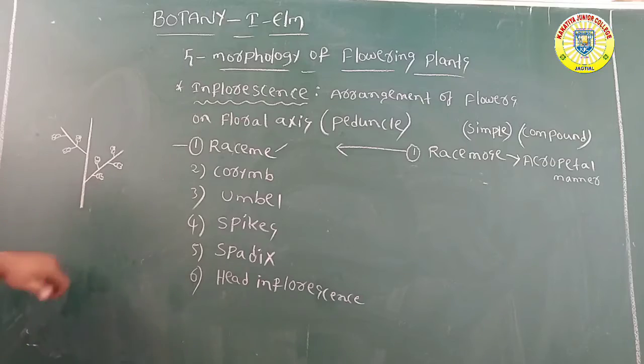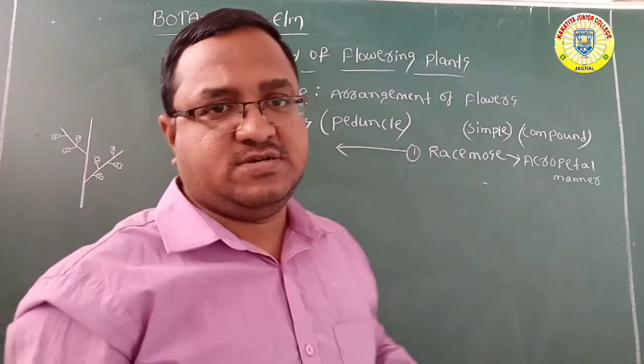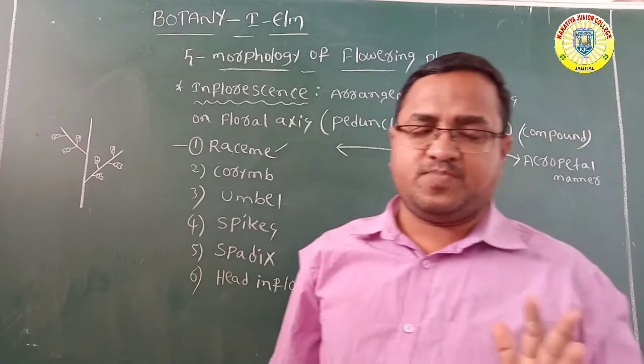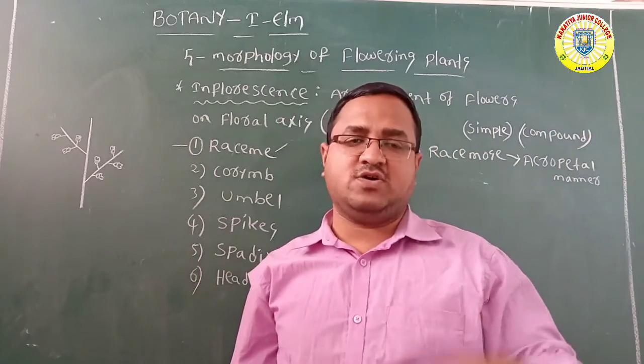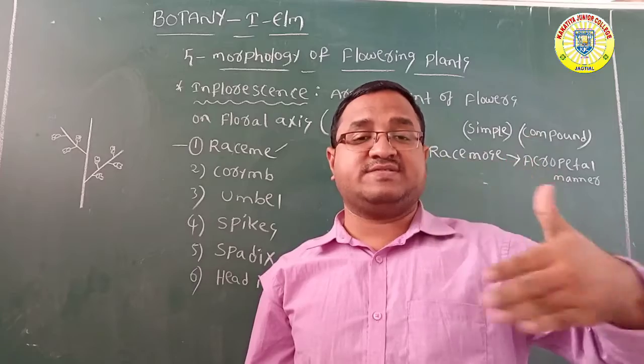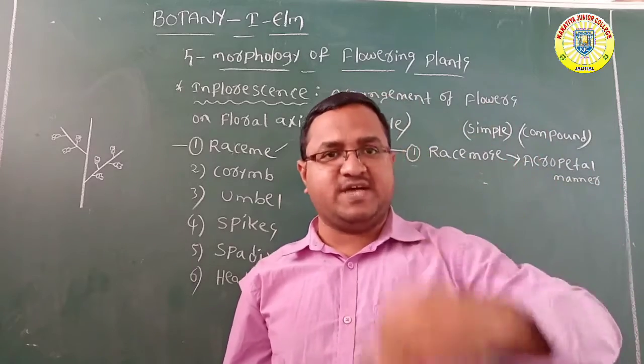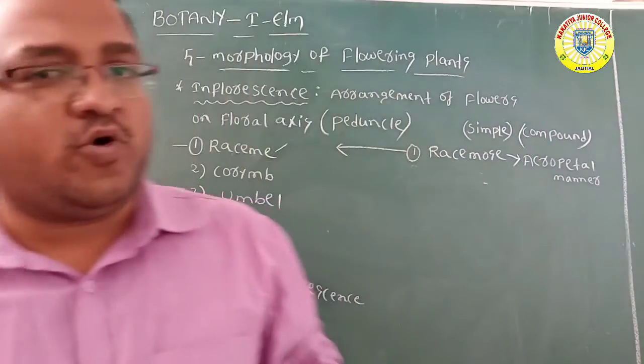So this is compound racemose. The floral axis has branches, and on the branches of the floral axis also, flowers are arranged in acropetal manner, from base to top. So that is compound racemose.